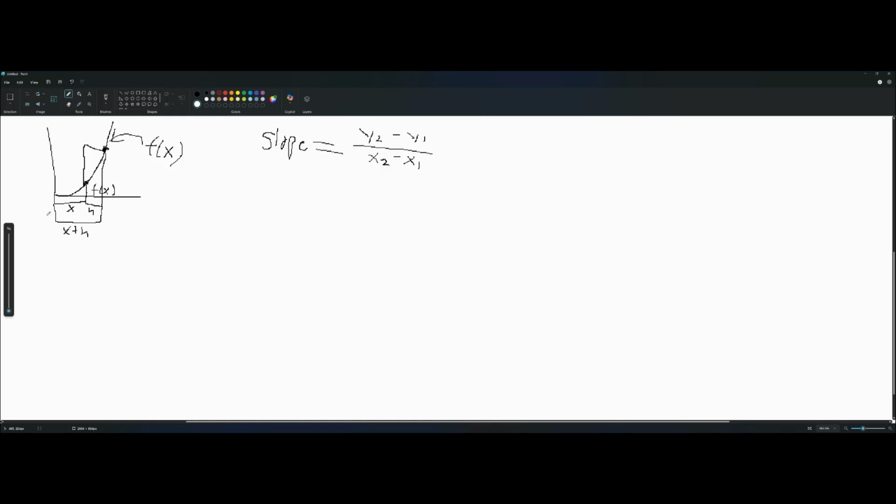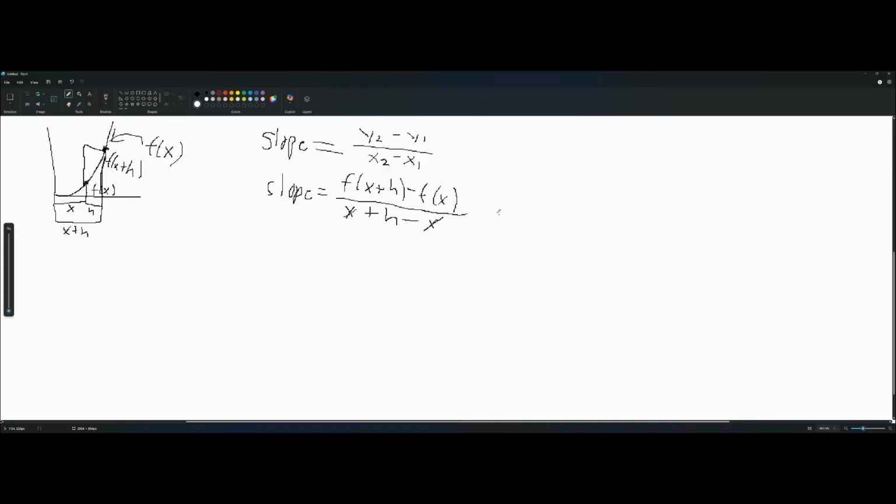And so if this is a distance x plus h away from the origin, we can say that this vertical distance right here is just f of x plus h, right? F of x plus h. And so now we can say that our slope is just equal to f of x plus h minus f of x all over x plus h minus x, right?